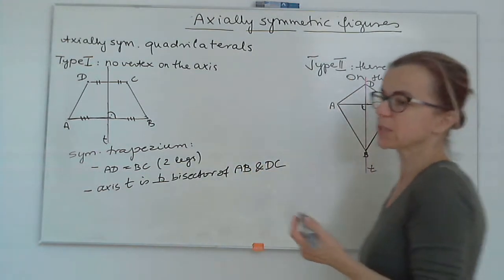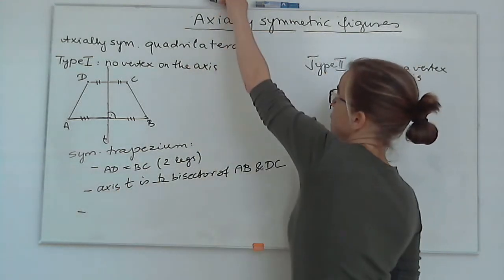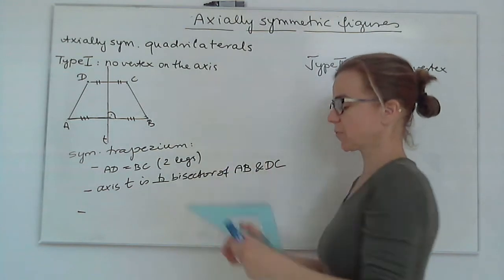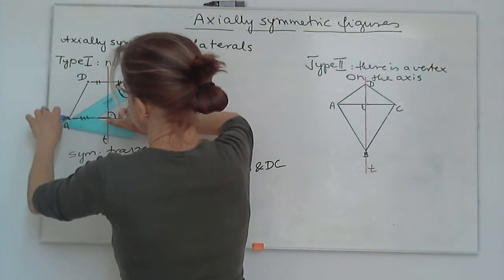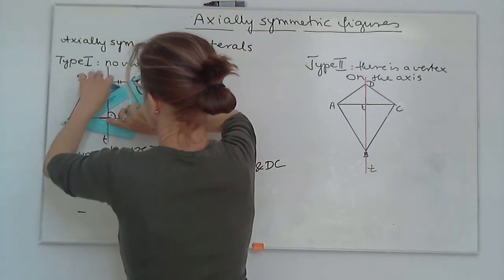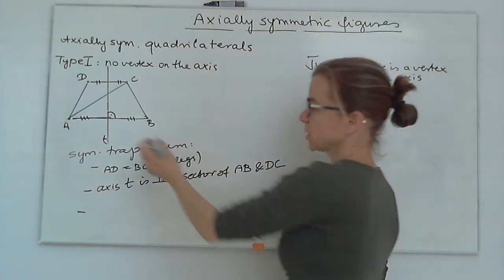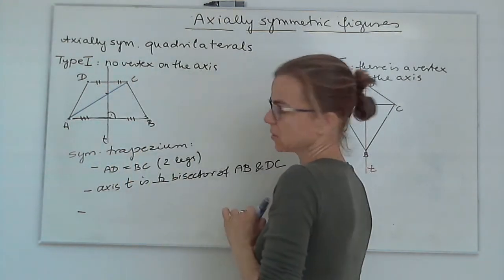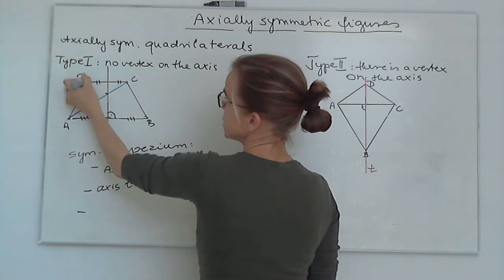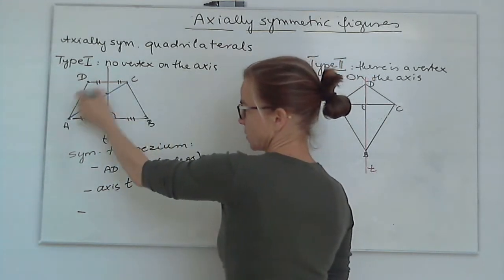And there's a third interesting property which also follows from the symmetry of the figure. Namely, if I draw one of the diagonals, let's say I draw diagonal AC, and I think about its mirror image reflected in T, then this is going to be the fixed point because it's on T. The image of C is D, so this is going to be on the image of the diagonal.